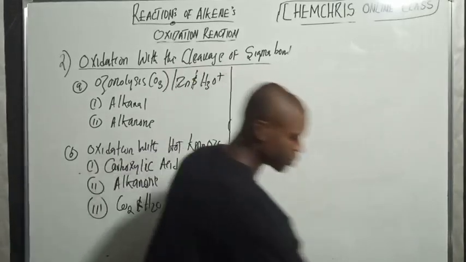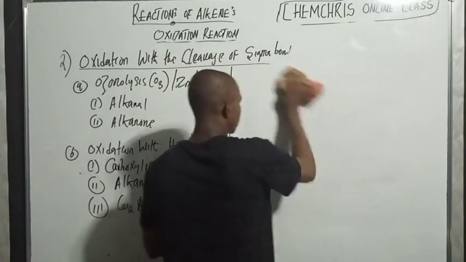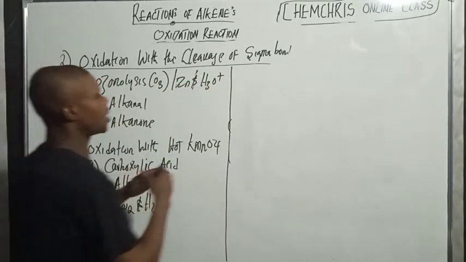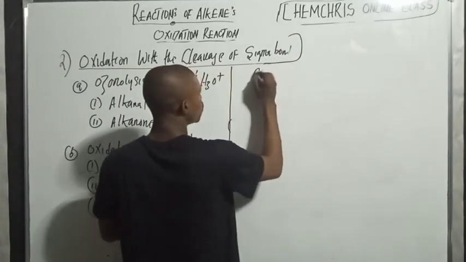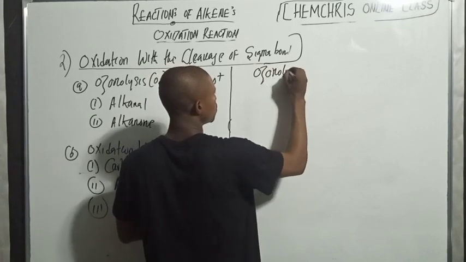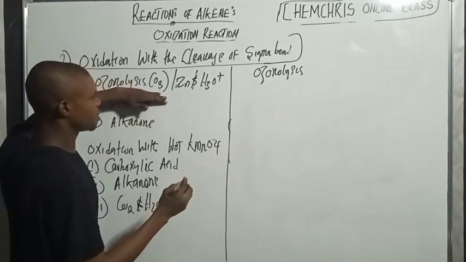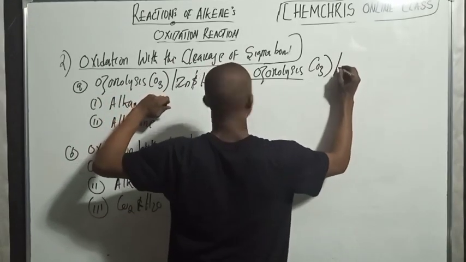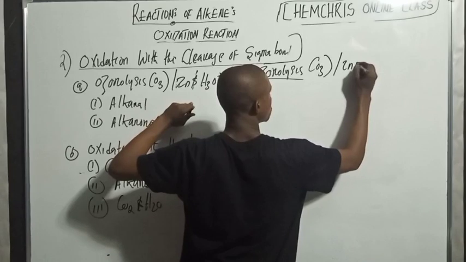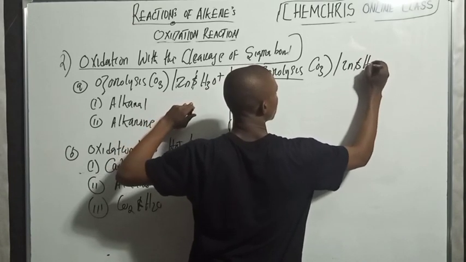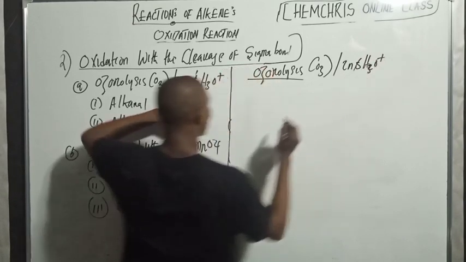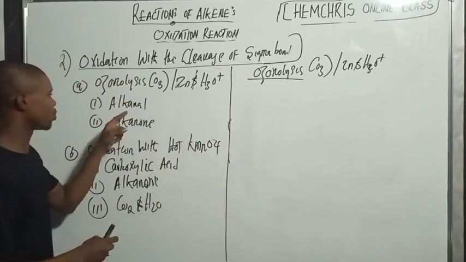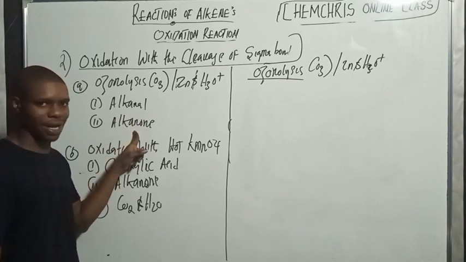So let's take the first one. Let's take ozonolysis. Let's look at ozonolysis. Remember I told you that ozonolysis can only produce two products, alkanal or alkanone, right?